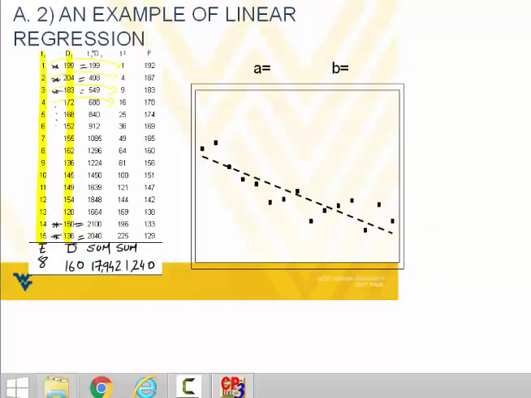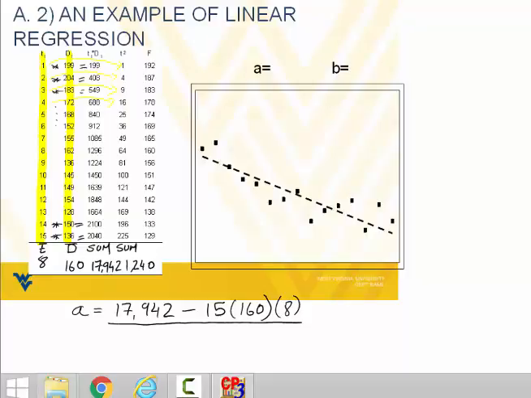So to calculate A, I need the sum of the product of T times D minus N, which is 15, times the average of D, which is 160, the average of T, which is 8, over the sum of T squared, which is 12,420, minus N times the average of T squared.